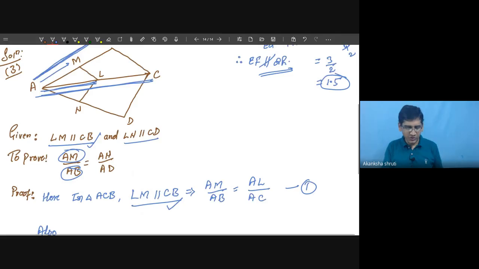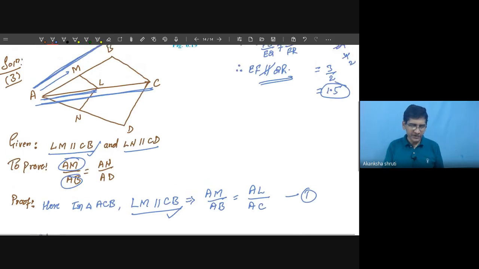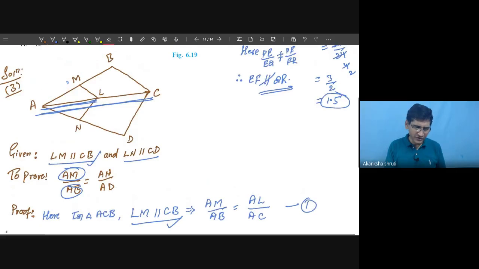LN parallel to CD. So where is this LN parallel to CD? What are the conditions where I can use this parallel? So LN parallel to CD means it is in this triangle, where this is parallel to this one, so I can write the ratio like AN by ND or AN by AD is equal to AL by AC, whatever the required ratios are, that can be written.